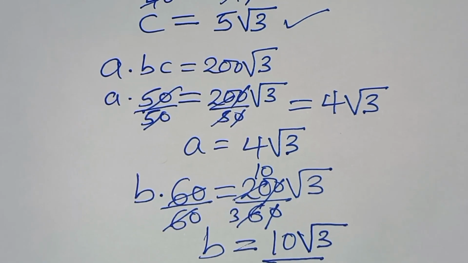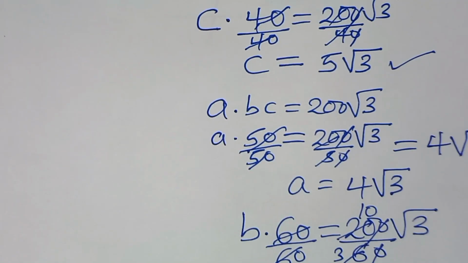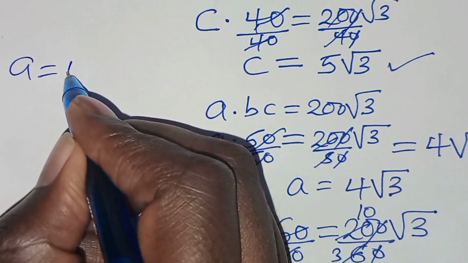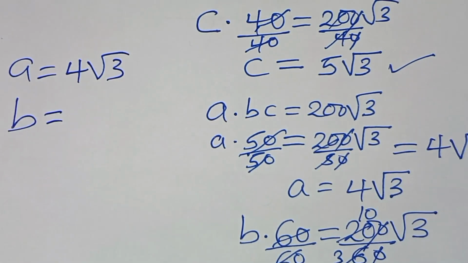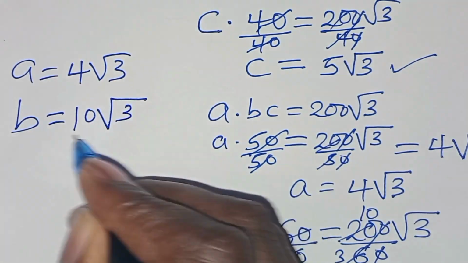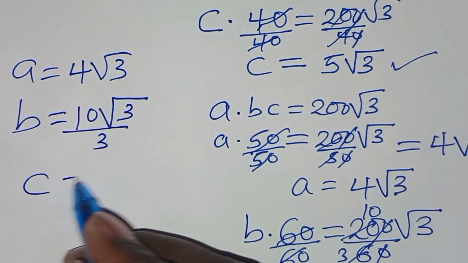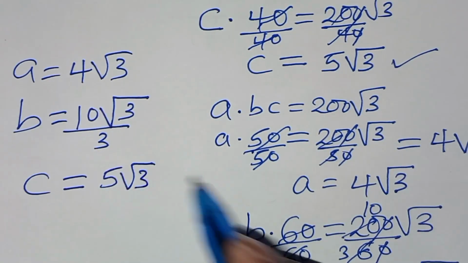So we have the values of A, B, and C. A is equal to 4 square root of 3. B is equal to 10 square root of 3 divided by 3. And C is equal to 5 square root of 3.